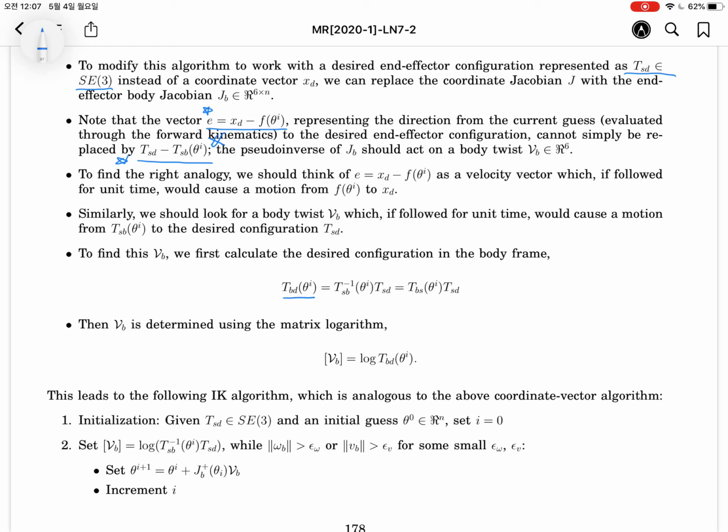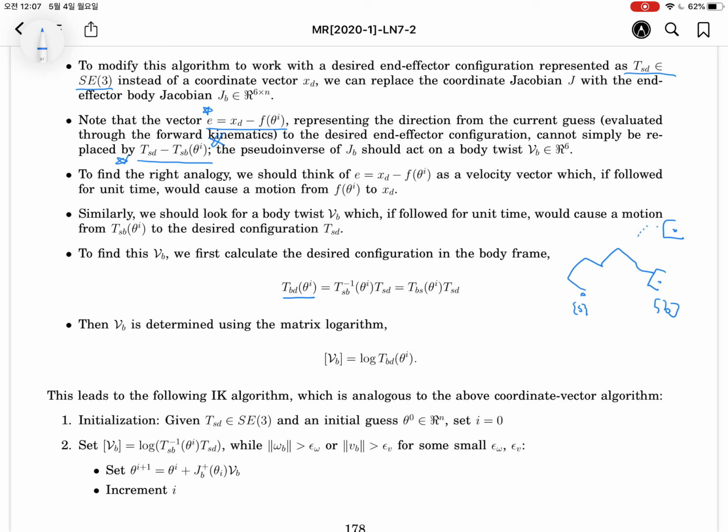Okay, so to begin with the body twist, let's obtain the T_BD. Okay, this is the body frame. The robot is given like this, and the end-effector is here. The body frame is attached like this.